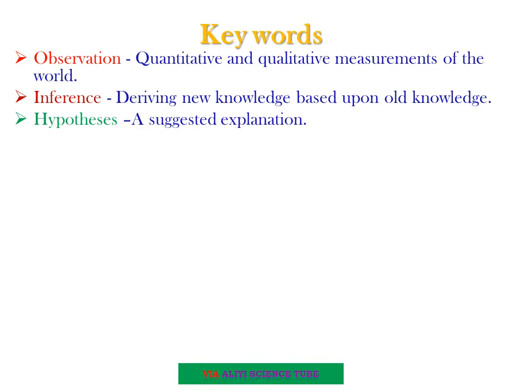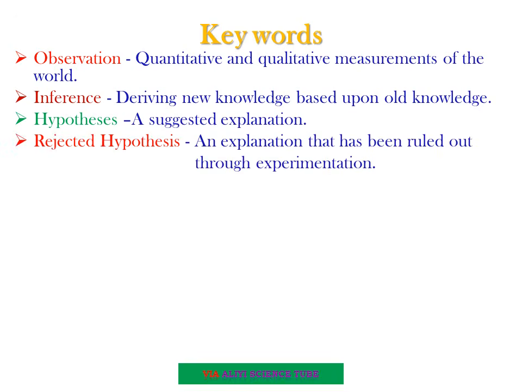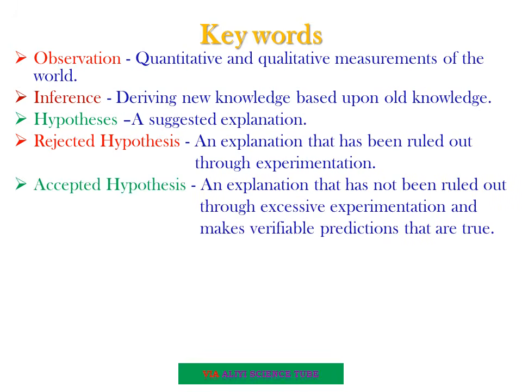Hypothesis is a suggested explanation, where a rejected hypothesis is an explanation that has been ruled out through experimentation. An accepted hypothesis is an explanation that has not been ruled out through extensive experimentation and makes verifiable predictions that are true.